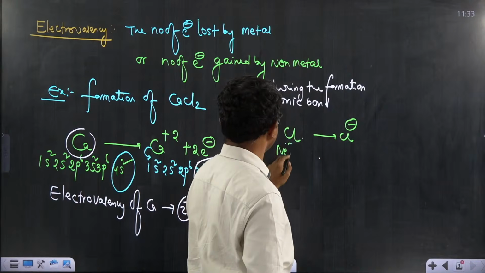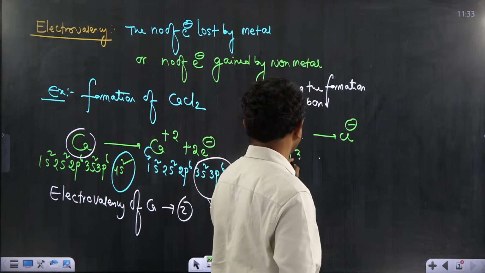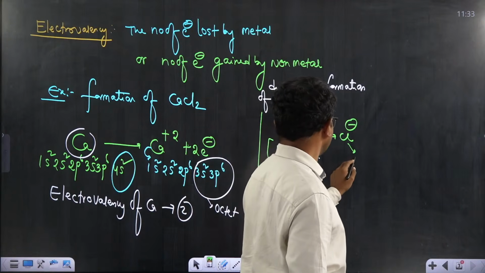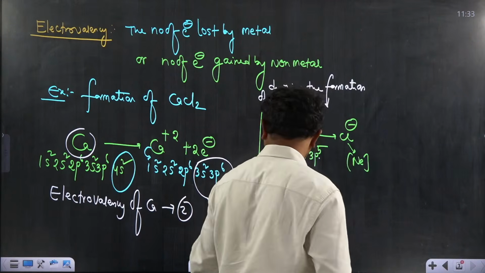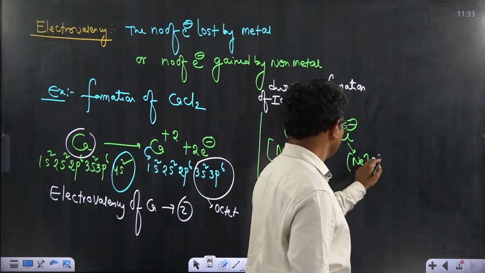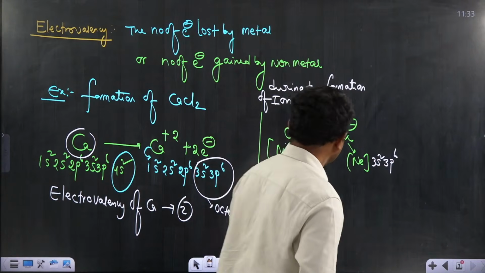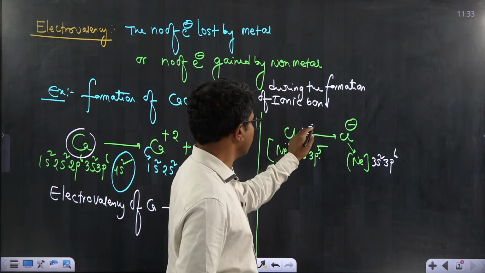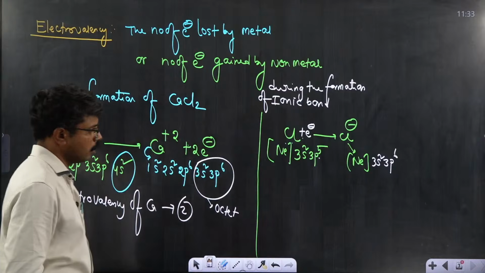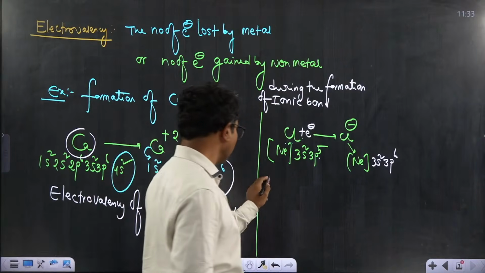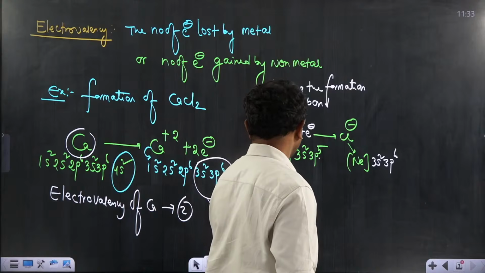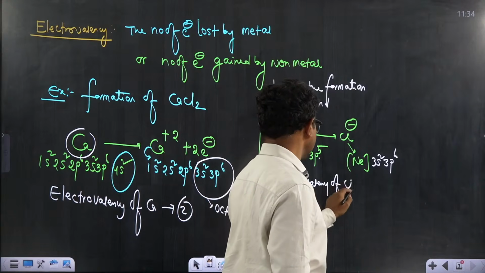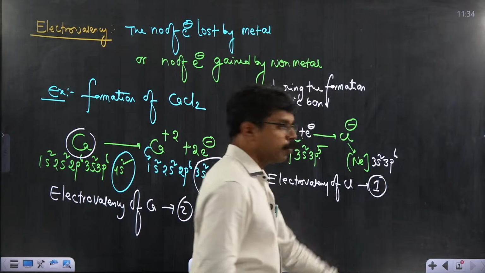If I write the configuration in a short way with the neon core, it is neon 3s2, 3p5, and now the Cl- configuration becomes neon 3s2, 3p6. In order to attain the octet configuration, Cl is trying to gain 1 electron. Therefore, the electrovalency of chlorine is 1. I hope this point is clear.